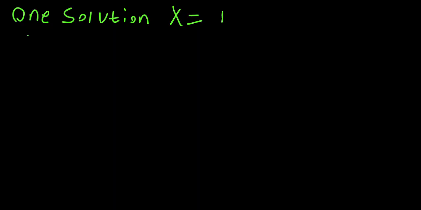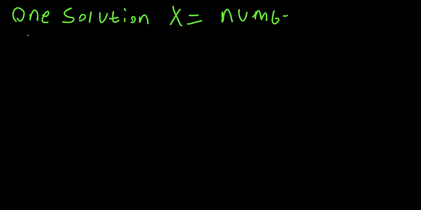Actually, let's erase that. Let's start with this. One solution. We're going to focus on one solution here. That's what this first one in green is. One solution. That is when x equals a number.